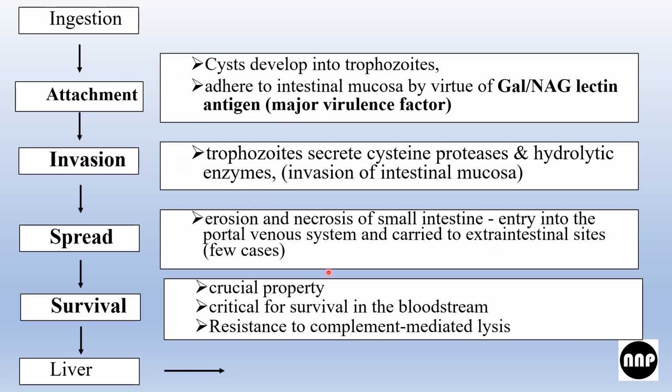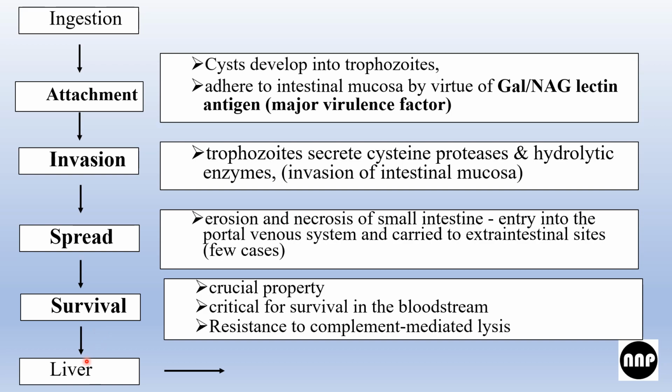And we have a very crucial property of Entamoeba histolytica, something very critical for survival in the bloodstream. They are resistant to complement mediated lysis, which is provided by this gal-lag-lectin antigen only. Hence they survive in the bloodstream.